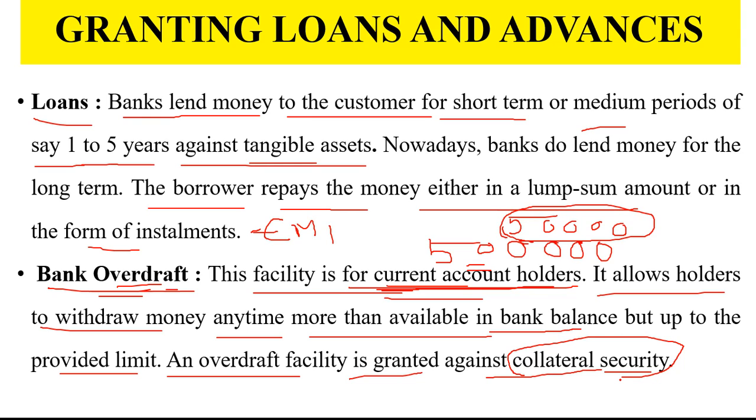In case the customer fails to repay the loan, the bank has the authority to sell that land or building, whatever the customer has kept as security with the bank, to recover the loan amount from the customer. So that is collateral security.